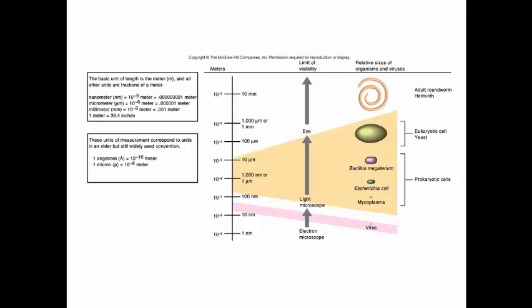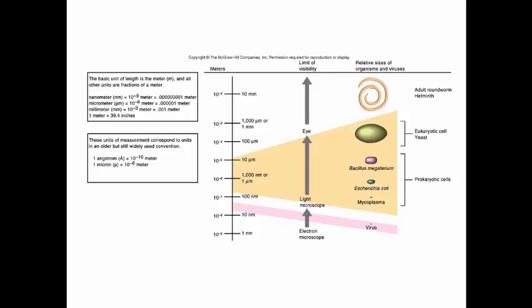We need magnification tools. The size of bacteria is usually between 10 microns, and remember a micron is the same as a micrometer, that's a millionth of a meter, to about 100 nanometers. Nano means billionth, so a nanometer is a billionth of a meter.